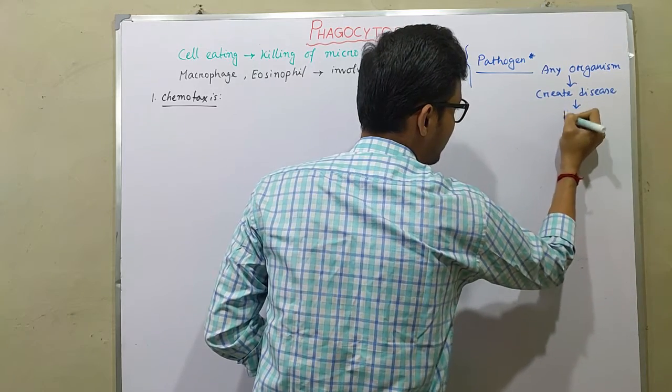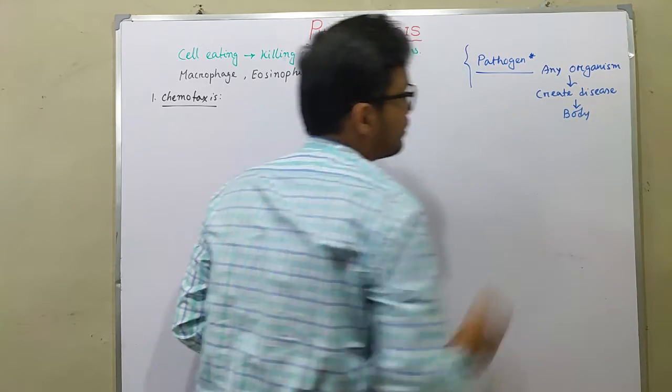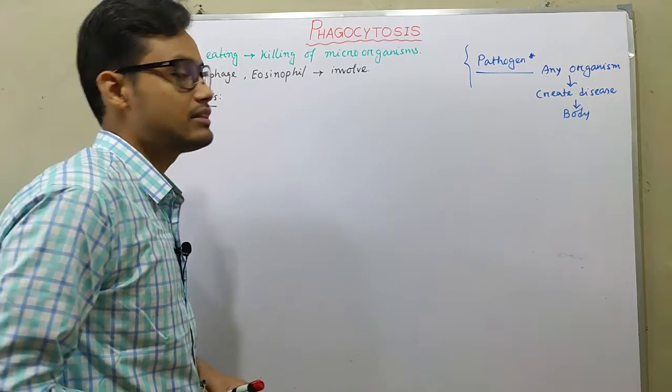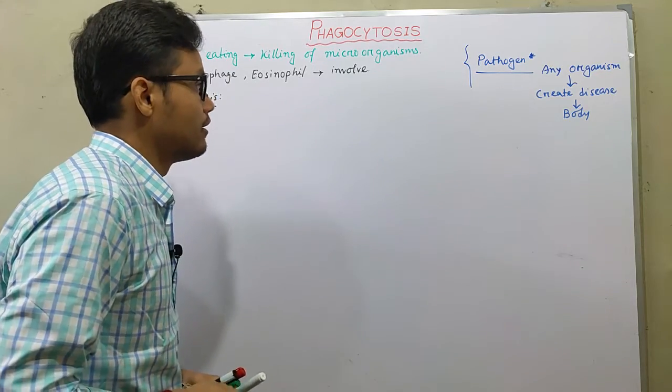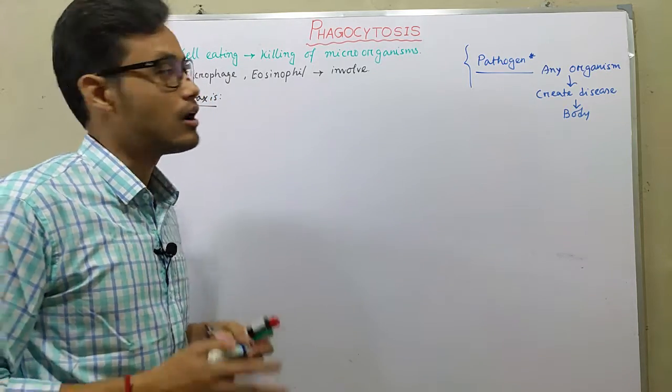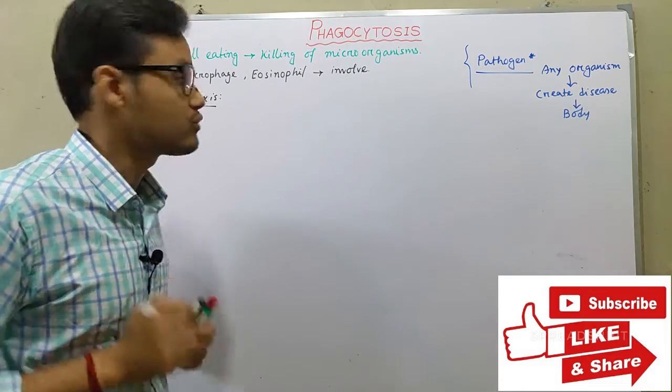So those organisms are known as pathogens. Next, the engulfing of pathogens is known as phagocytosis.